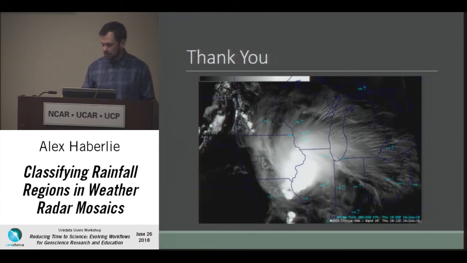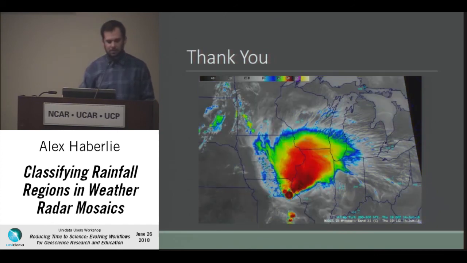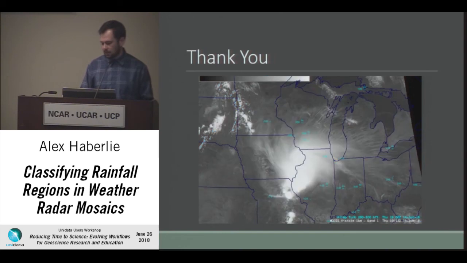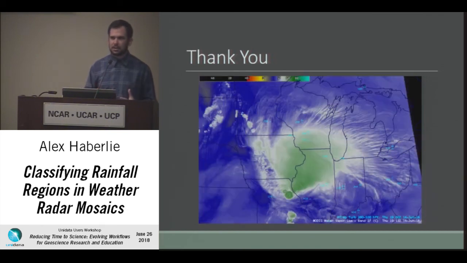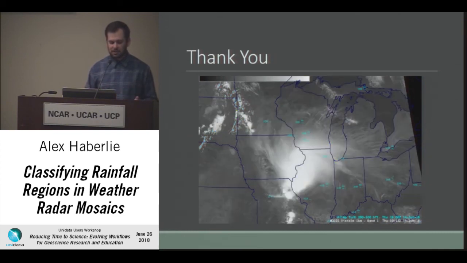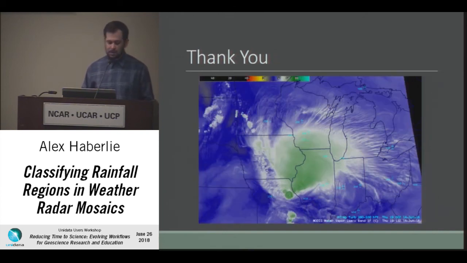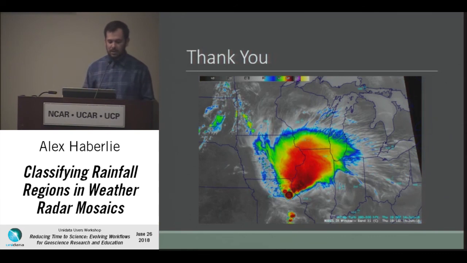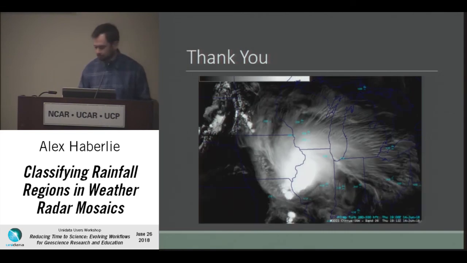And the classification process was multiple months of going through the data and actually hand labeling things. And in the case of the quasi-linear convective systems, where you're starting to get into subtypes of mesoscale convective systems, which can be very contentious, people are not always going to agree on that. We had multiple people label the same data, and surprisingly, there was a lot of agreement, but there were cases where we didn't agree. So there was a lot of the human aspect that was put into this.